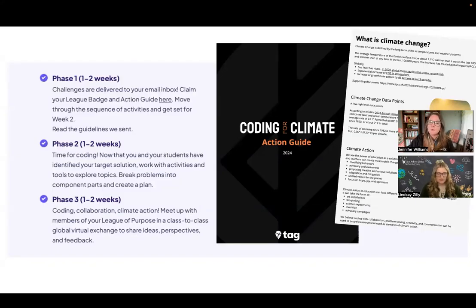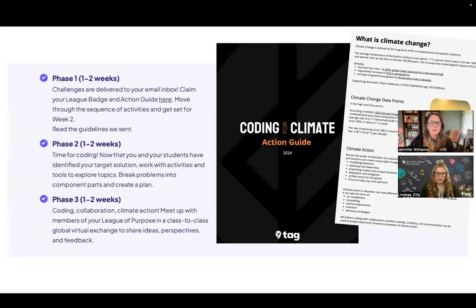So phase 1, we start with purpose. We're having classrooms look at environmental topics and finding a challenge that is meaningful to them. Then they move into phase 2, which is time for coding. They're going to use coding solutions to build out their ideas that they will then in phase 3 share with the world.